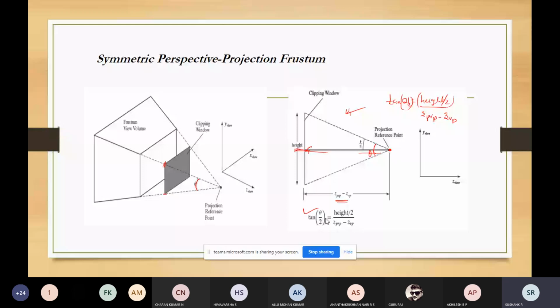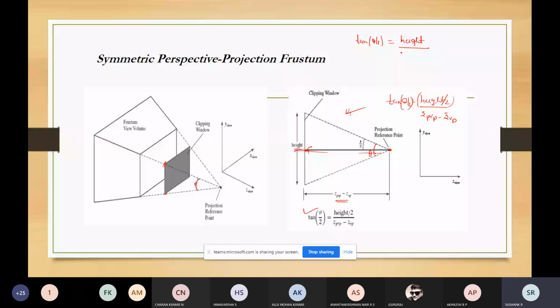Using this, you can calculate height also. How to calculate height? We have tan theta by 2 is equal to height by 2, no? So this 2 will come to the denominator. It will be 2 into ZPRP minus ZVP.